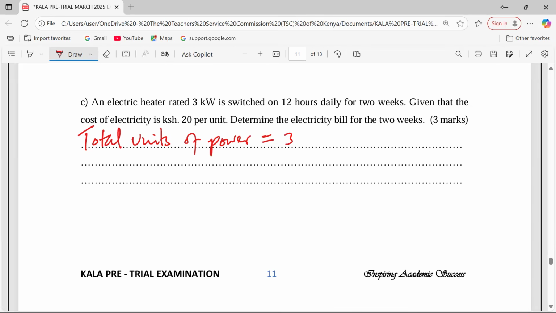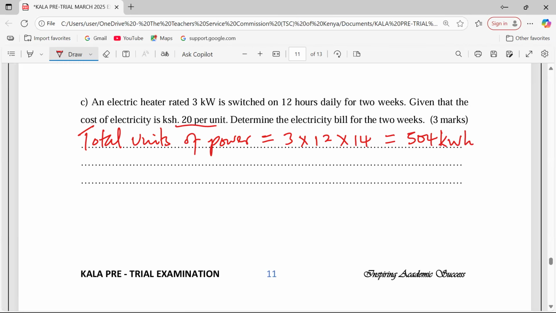We have 3, that's the rating, times 12 hours. Then we multiply this by the days of the 2 weeks, and we are going to get 504 kilowatt hours.